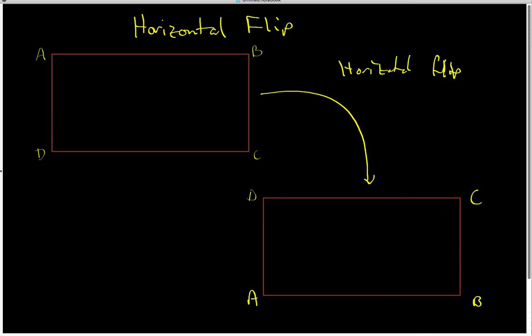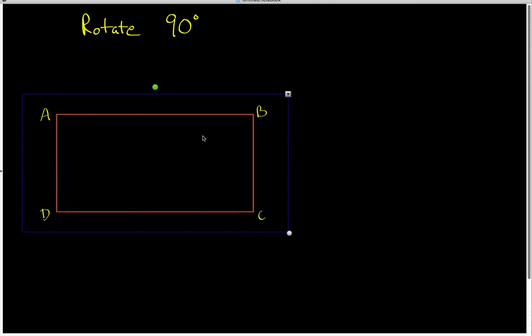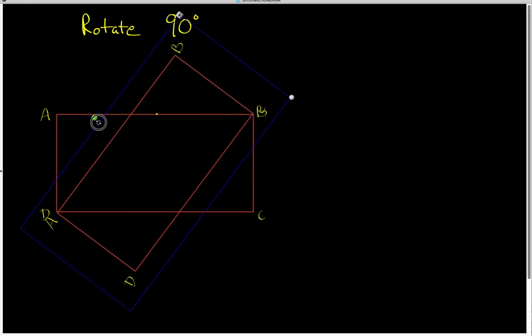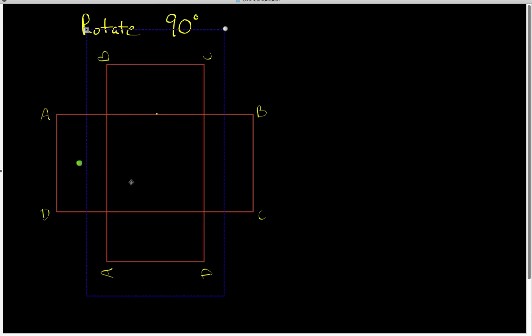Well, what about other potential kinds of symmetry? If I think in terms of trying to rotate some other degree other than 180, and here I'm just going to be rotating by 90 degrees, what I want to notice is that with a 90-degree rotation, the rectangle does not land on itself.